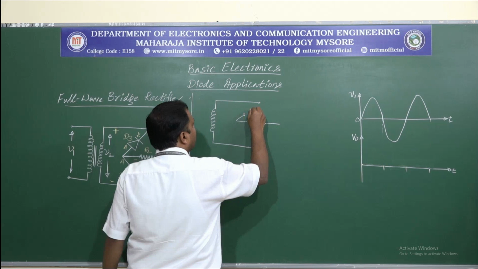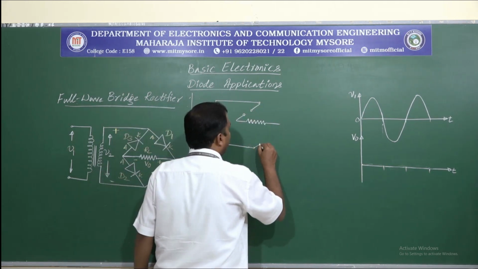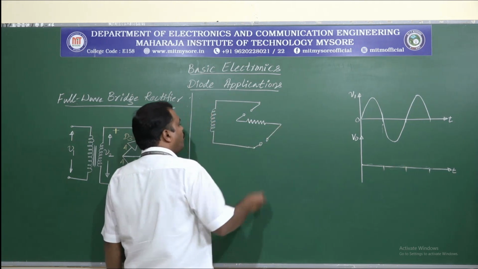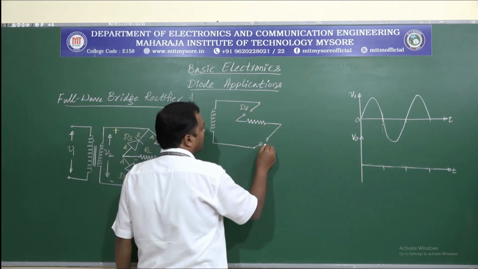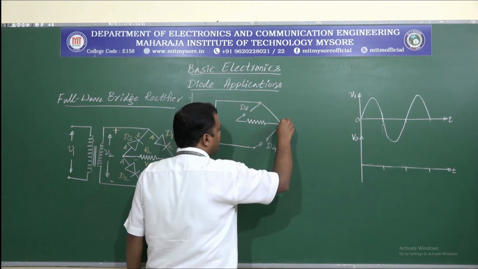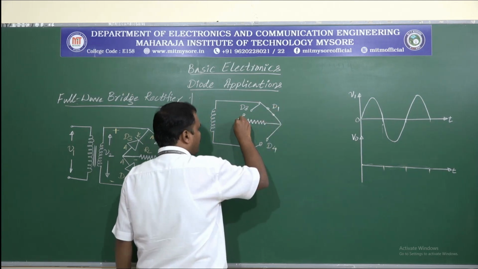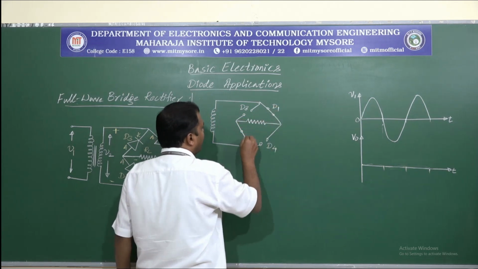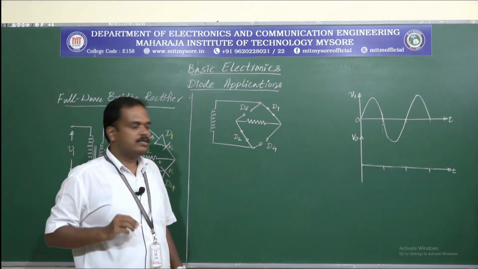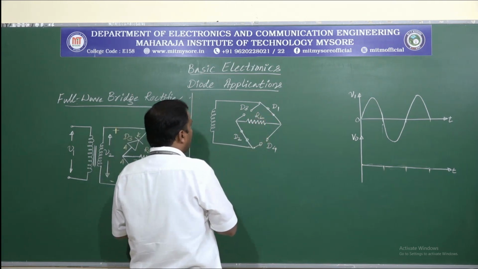So here we have D3 which works as an open switch. Here we have D4, where D4 works as an open switch. This is D3 and this is D4. And here we have D1, where D1 works as a closed switch, and here in this path we have D2. D2 also works as a closed switch, and this is RL.